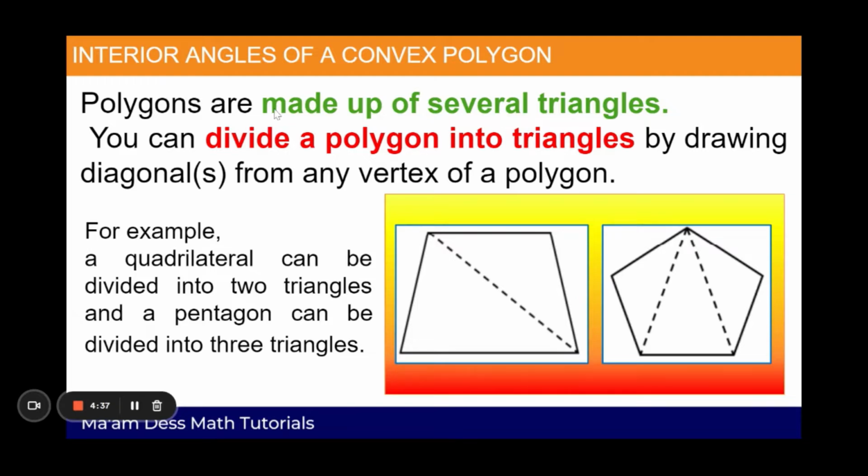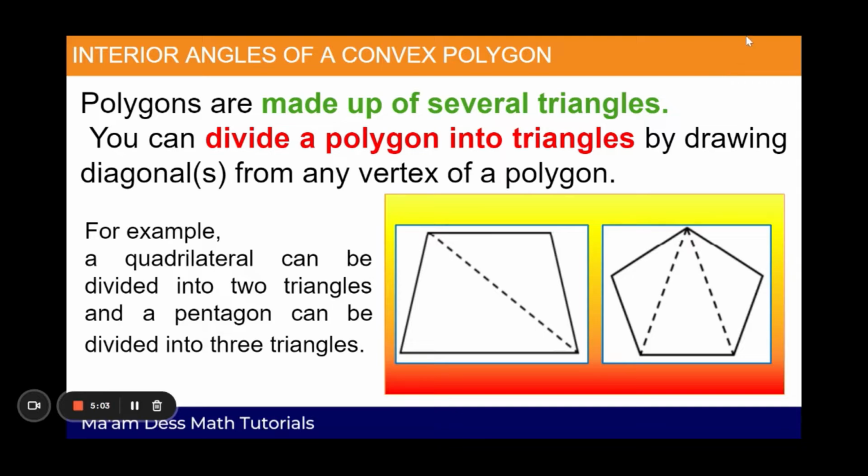Polygons are made up of several triangles. You can divide a polygon into triangles by drawing diagonals. So as you can see from this figure. For example, a quadrilateral can be divided into two triangles, and a pentagon can be divided into three triangles.